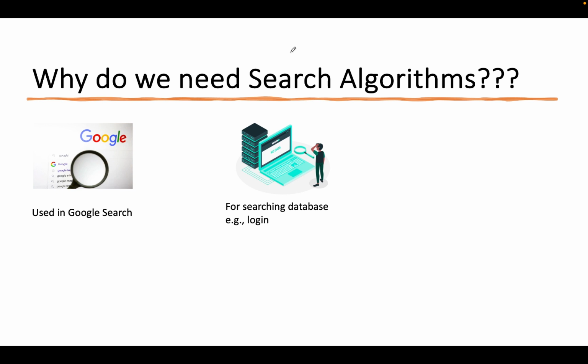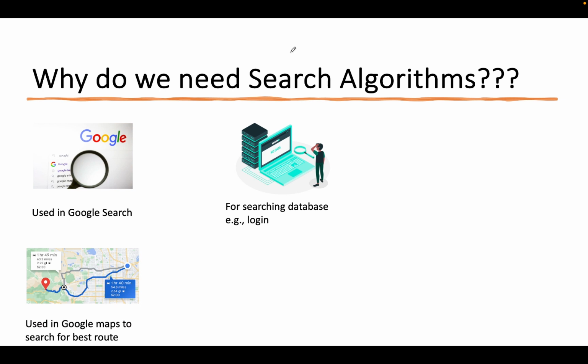So when you log in, the Roblox website or application takes your username and goes and searches their database and says, where is this person? Because they want to fetch your own data, not give you all the data of the Roblox users, which might be millions of users. So they use search algorithms to search the database for each person.